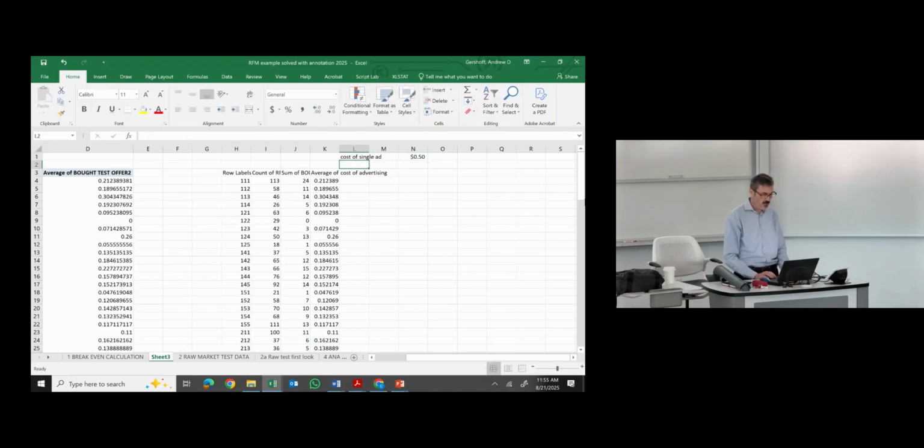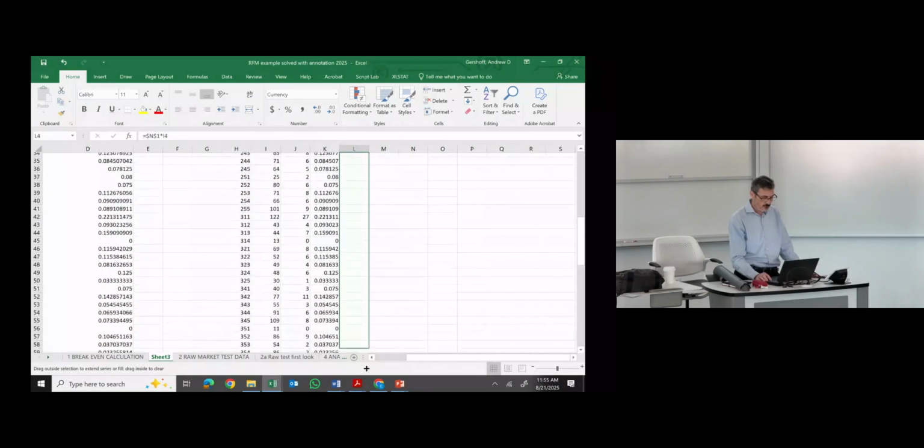Okay, so that's the amount of money I spend on a single ad. So the amount of money I spend on advertising to these folks is equal to 50 cents times the number of people I sent the advertisements to, $56.50. And I can just drag all this down here.